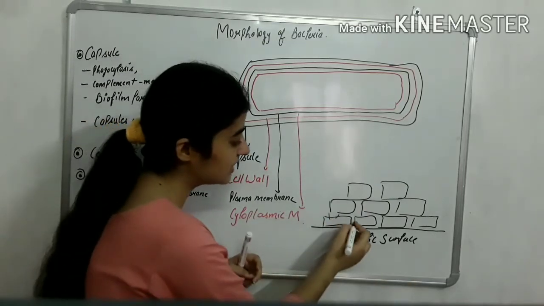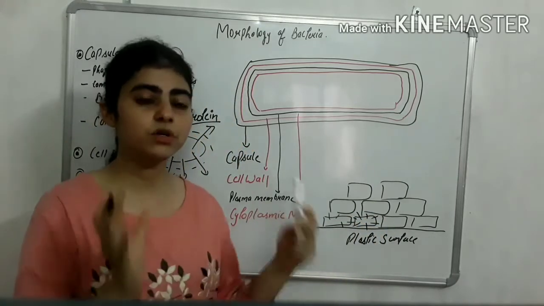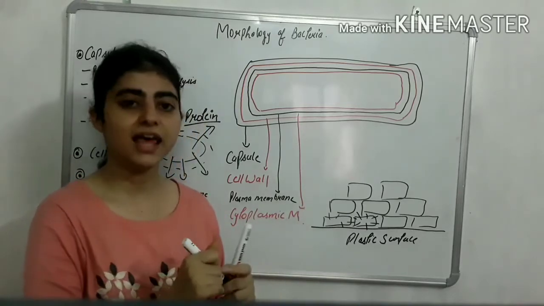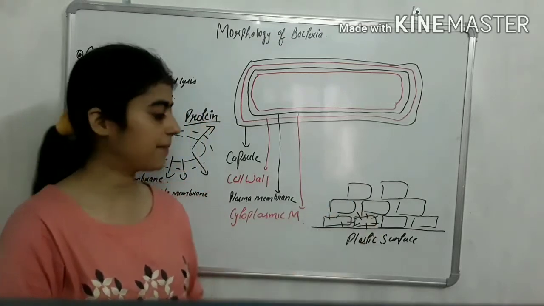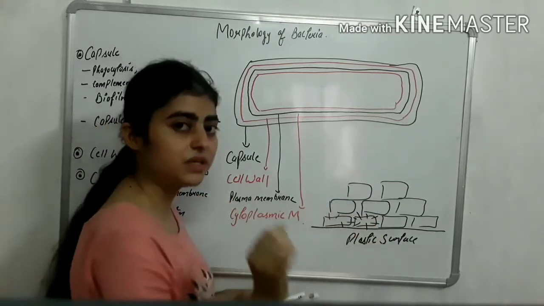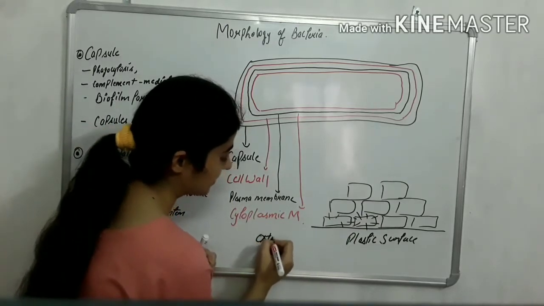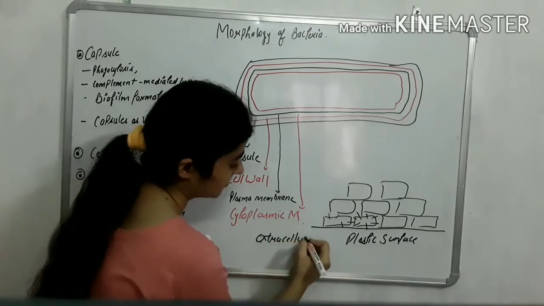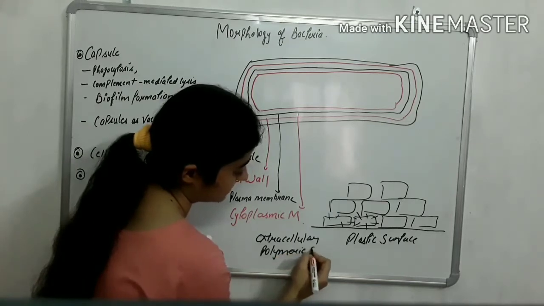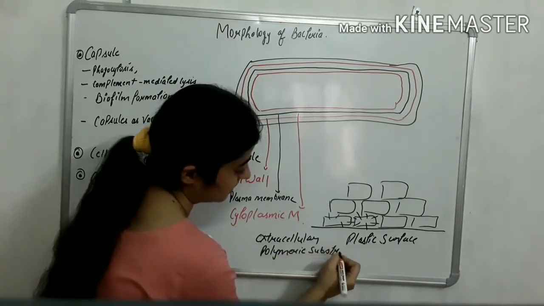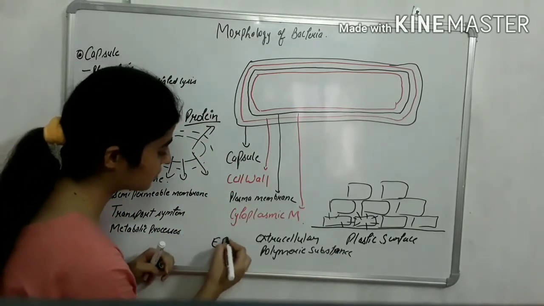When they get the signal that yes, there are millions of bacteria like us present here, every bacterium will start discharging extracellular polymeric substance, also called EPS.